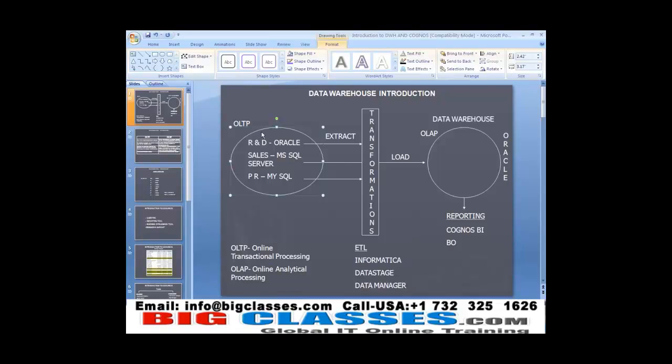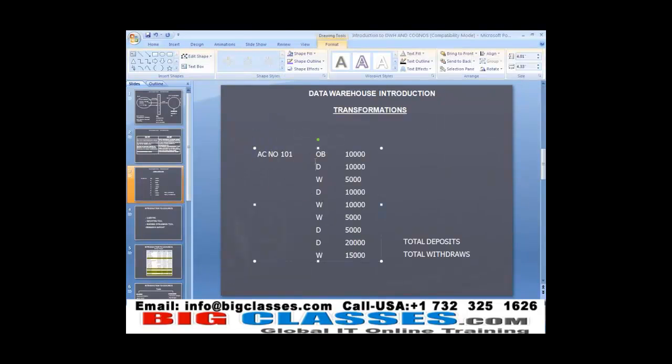Basically, OLTP is for transactional processing. According to our example, all the transactions performed will be recorded in this OLTP system. Whereas OLAP is for analysis; we are not going to maintain all this information in the OLAP system.